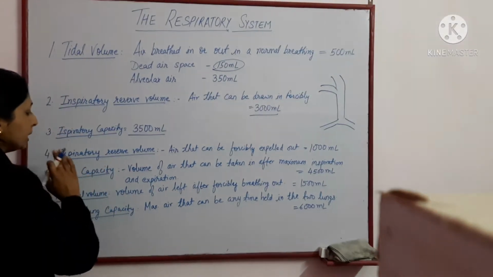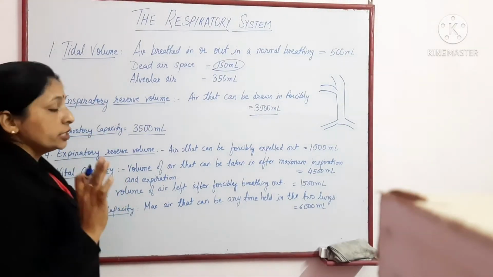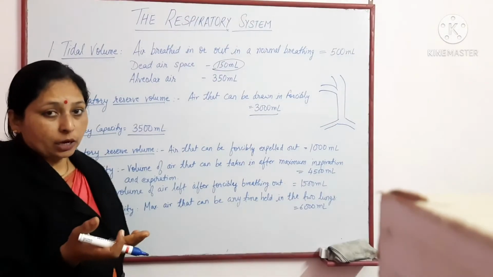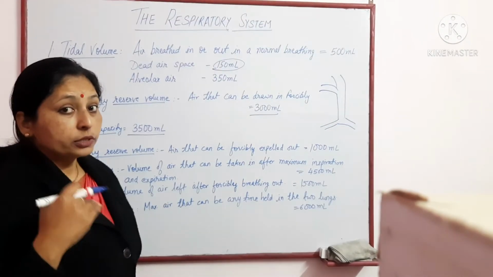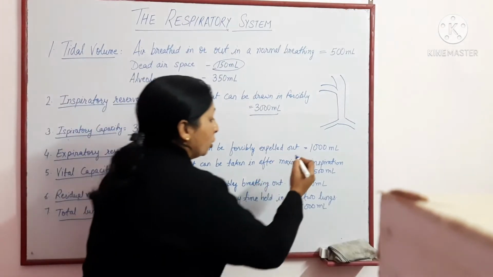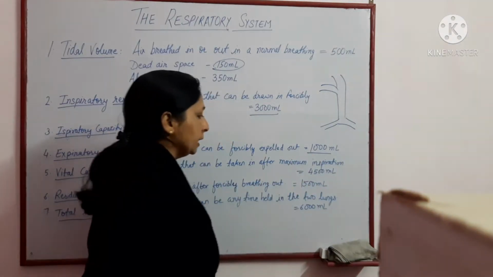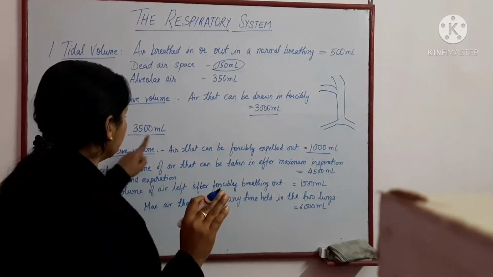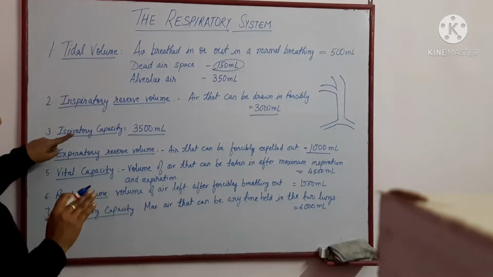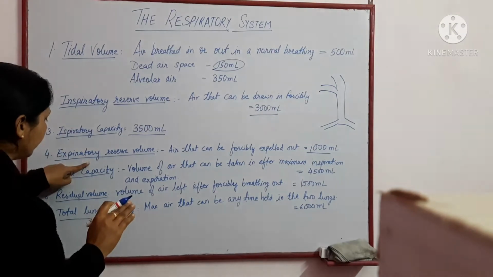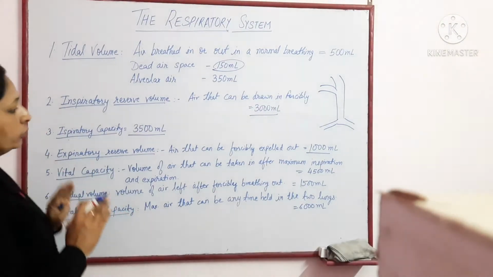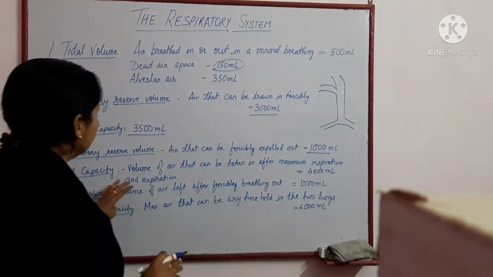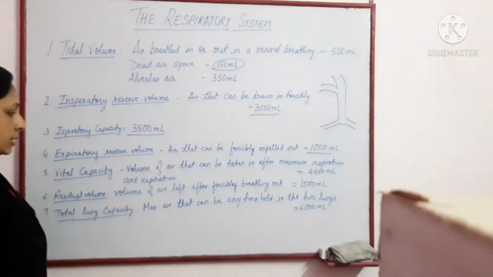Next is expiratory reserve volume. Air that can be forcibly expelled out is only 1000 milliliters. But the inspiratory capacity and expiratory reserve volume together form 4500 milliliters, that is vital capacity.